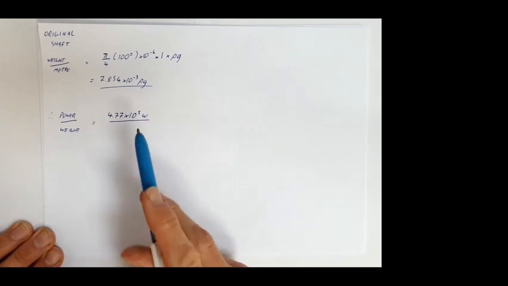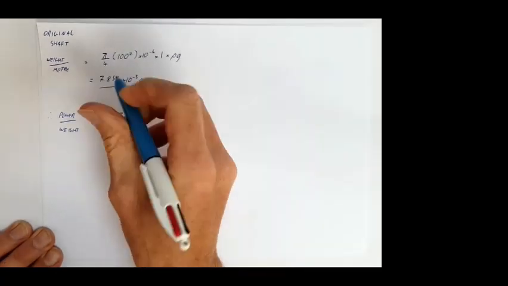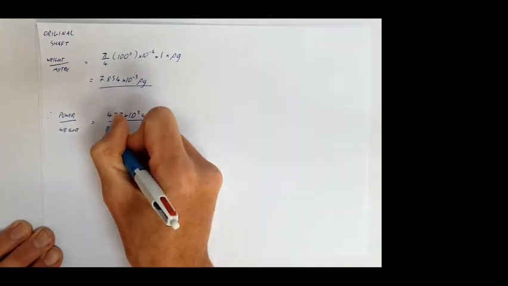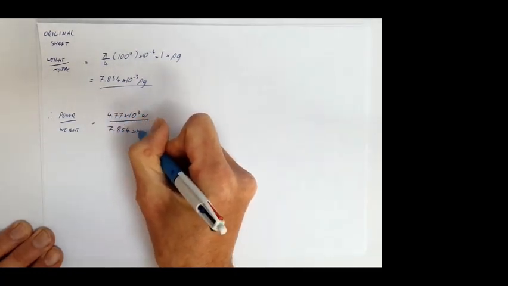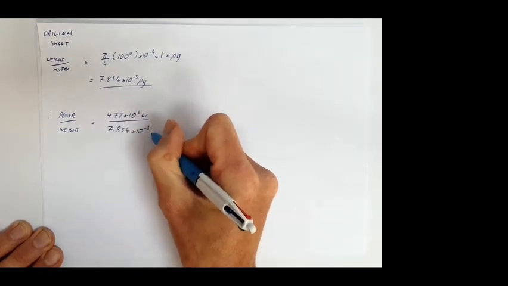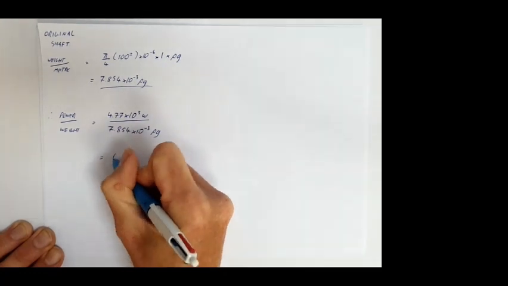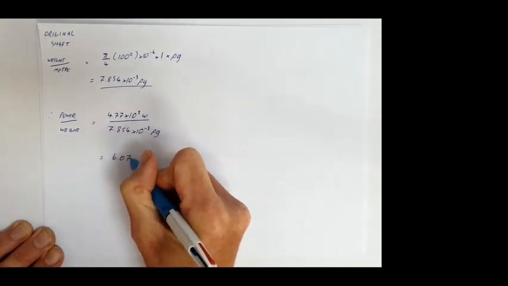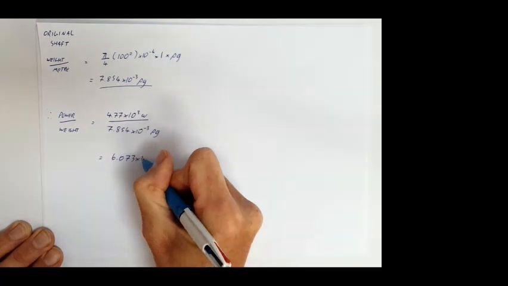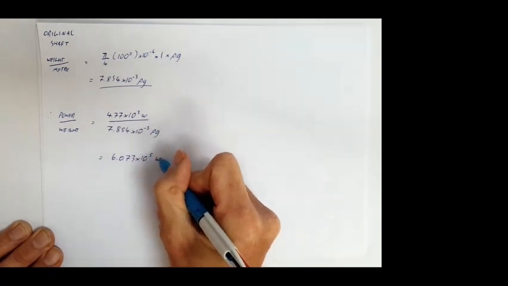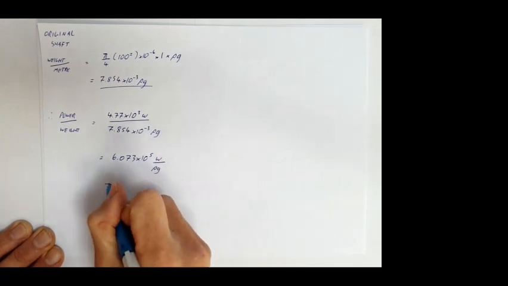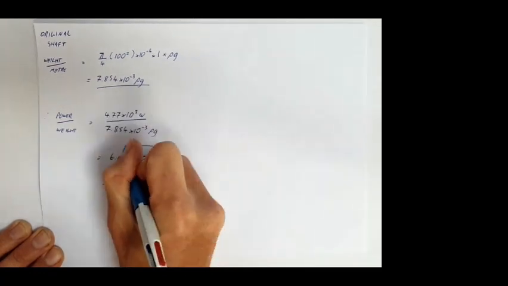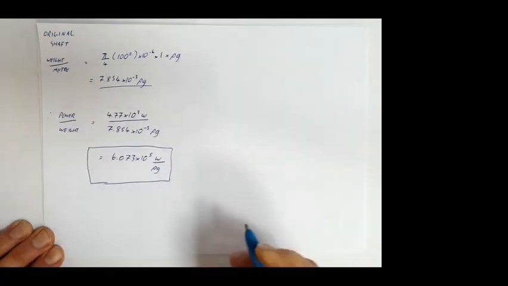So power divided by the weight per meter, 7.854 times 10 to the minus 3 rho g, is going to give us 6.073 times 10 to the 5 times the angular speed divided by rho g. So that is the power to weight ratio for the original shaft.